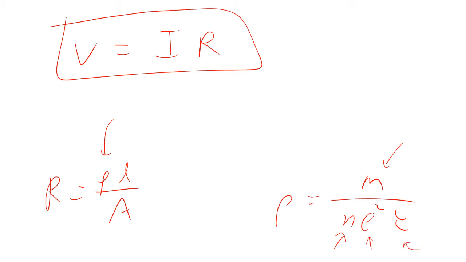And tau happens to be the mean free time between collisions. And that is actually dependent on the temperature. So that means rho depends on the temperature. So this turns out to be a really interesting relationship right here. All right, so that we call Ohm's law.